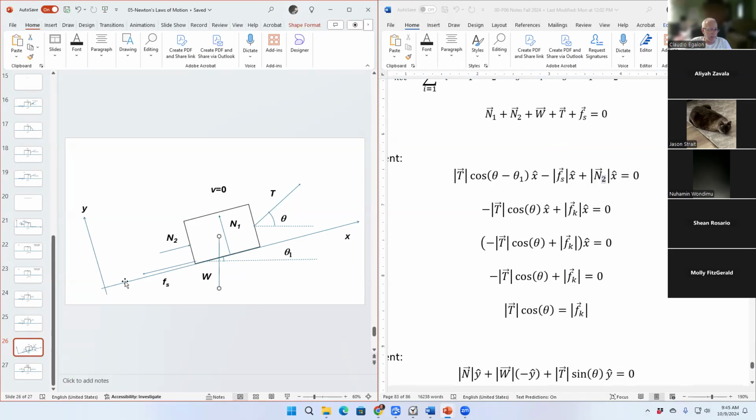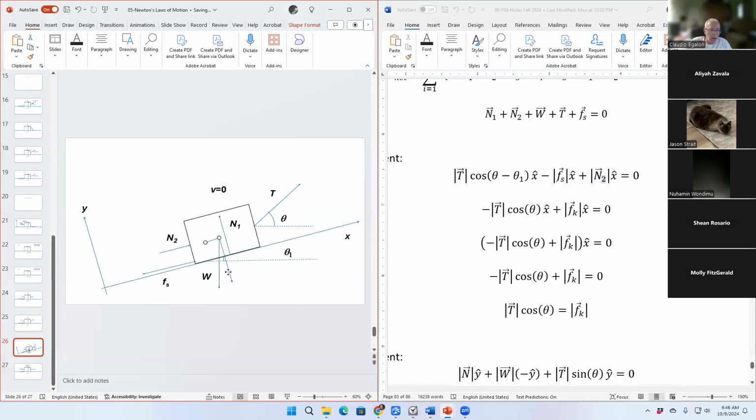Because we chose a different referential frame with an inclination, this weight is going to have an x component and a y component, like that.